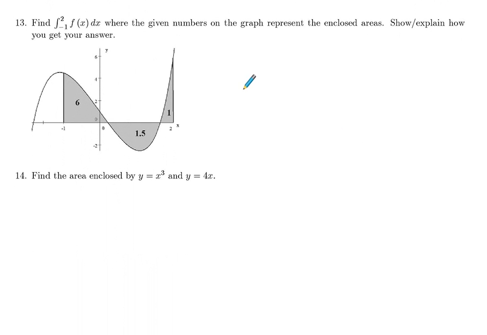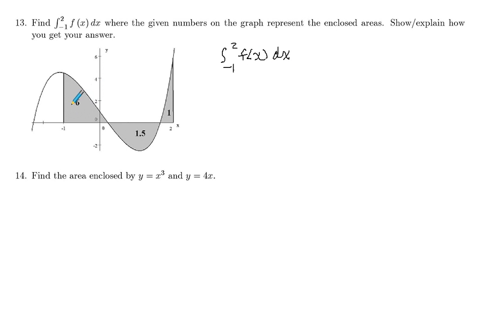All right, number 13. We want to evaluate the integral from -1 to 2 of f of x dx, where the numbers represent the enclosed area. So this is just interpreting the integral as signed area. The integral from -1 to 2 of f of x is going to be the signed area underneath the graph of the function. So areas above the axis are counted as positive, areas below the axis are counted as negative.